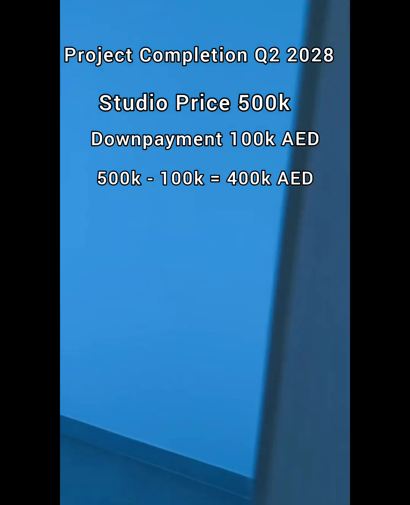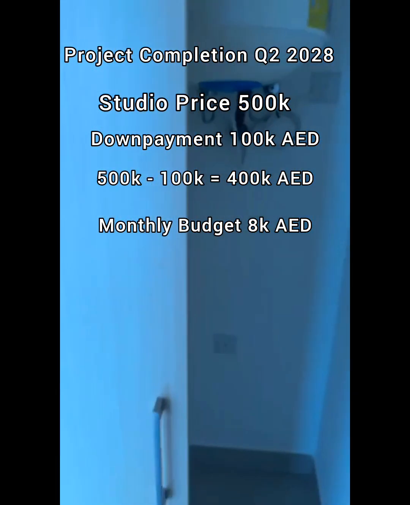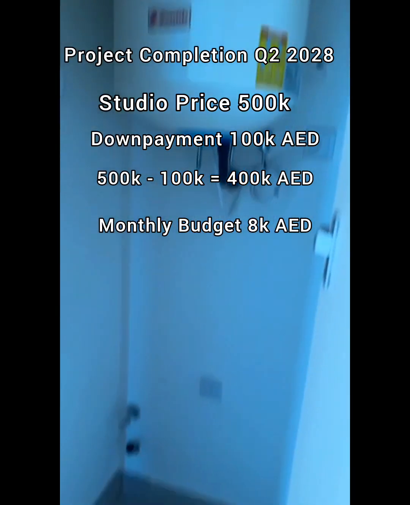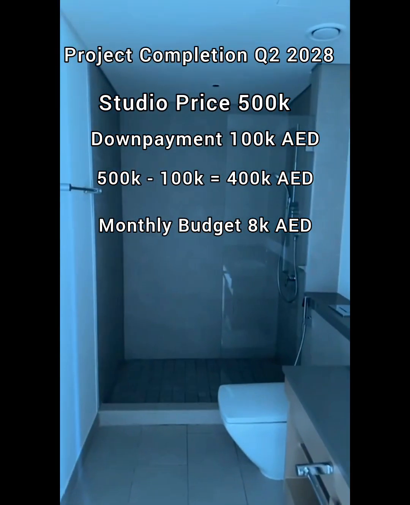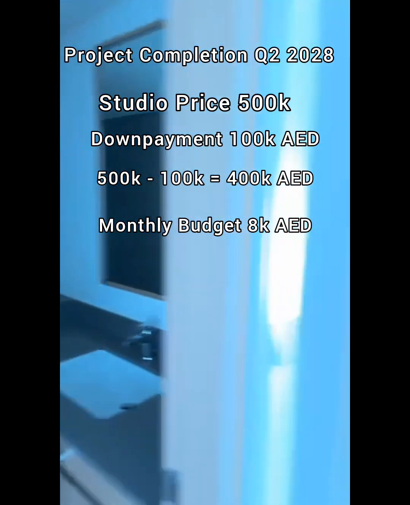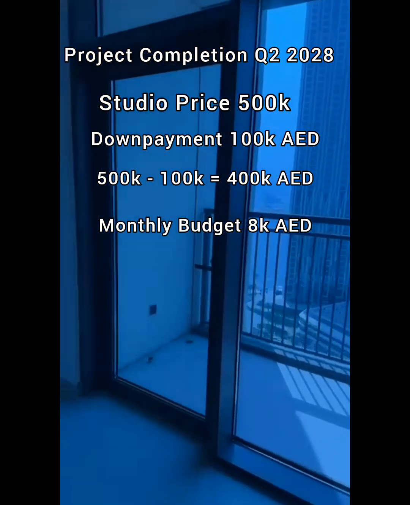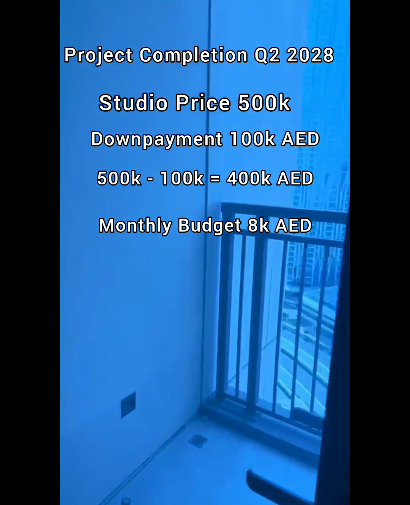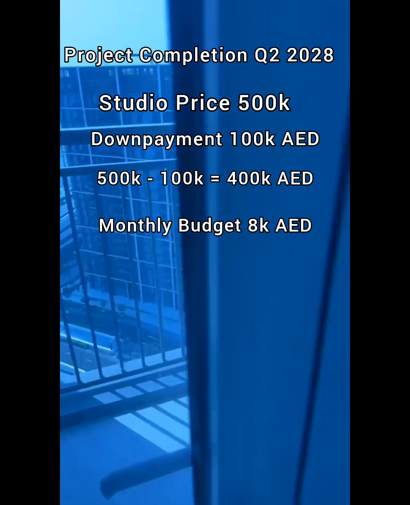So the average studio in Dubai is starting at 600,000 plus. You may be able to find something for 500,000 depending on the developer, but the average studio is launching at 600,000 plus on launch, with completion being in 2 to 3 years with no post handover plans.